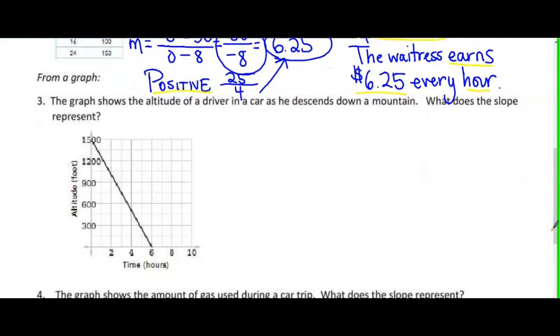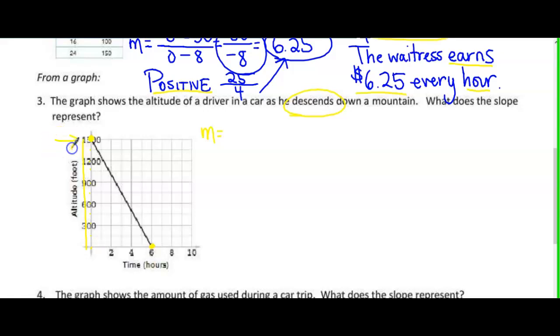From a graph, you can do this two different ways, and I'm going to show you two ways on this one. It says the graph shows the altitude of a driver in a car as he descends down a mountain. He's going down. Now, typically when we get a graph, we can do the counting method. But be careful when you do the counting method on this one. From this point down to here, I just don't go down 1, 2, 3, 4, 5, 6, 7, 8, 9, 10. This is not going by ones.